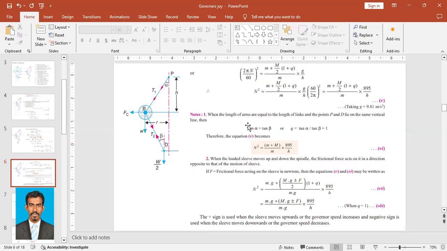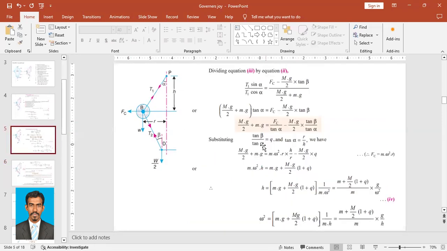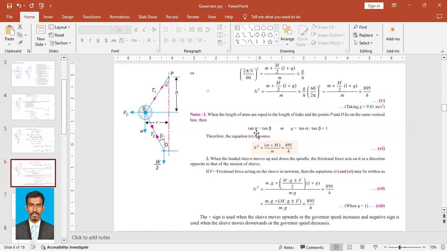So if tan alpha is equal to tan beta, then Q, we have already seen on the previous page, Q is equal to tan beta by tan alpha. If tan alpha and tan beta are equal, tan beta by tan beta will be 1. So Q will be equal to 1, and instead of this Q, we can put 1 if these conditions are fulfilled.